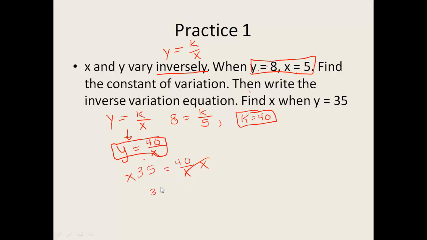So I would have 35x is equal to 40. Then I need to divide both sides by 35. I'm going to end up with 40 over 35, which will reduce down to 8 over 7. So there would be my three answers for that particular problem.